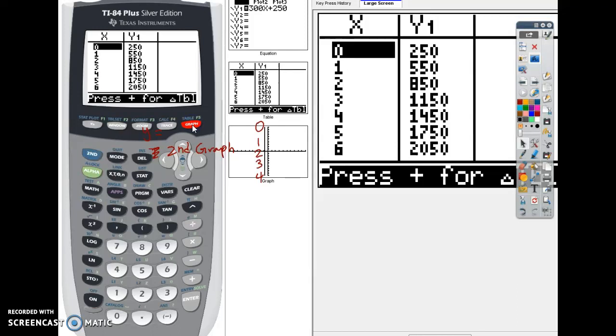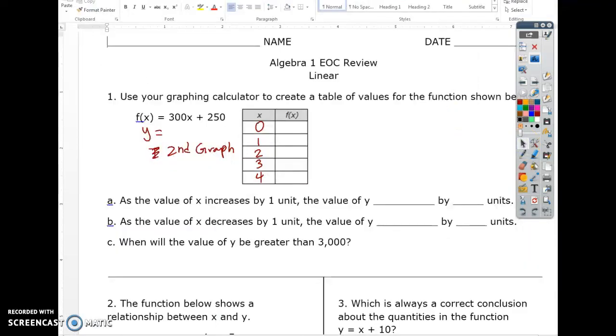Okay, so go ahead and write down these numbers, 250, 550, 850, 1150, 1450 on your paper. 0 is 250, 1 is 550, 2 is 850, 3 is 1150, and 1450.